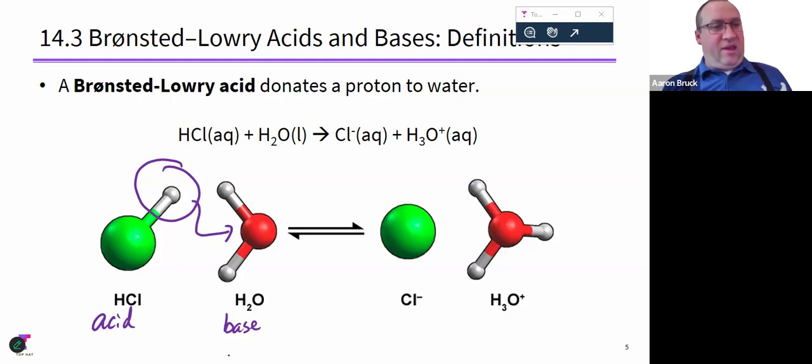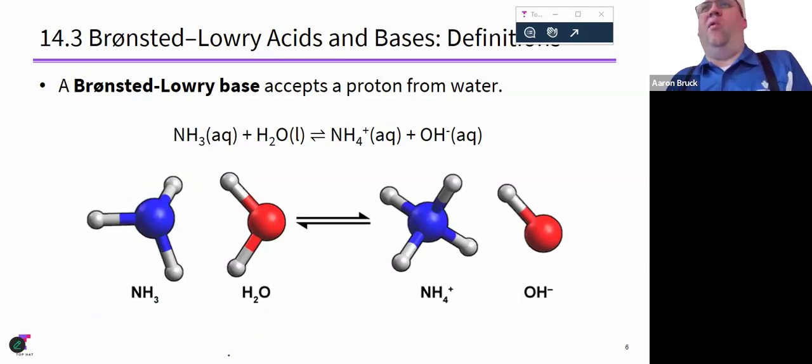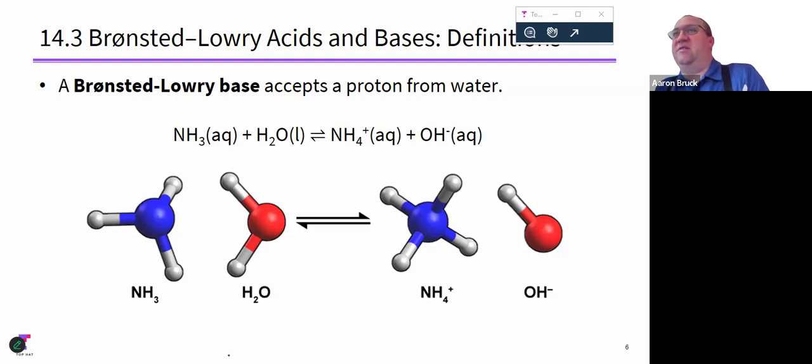And so the flip side example of this is ammonia. Ammonia has no acidic hydrogens. It also has no hydroxide. So on its surface, we would look at ammonia and say, well, hold on a second, ammonia is not an acid or a base.